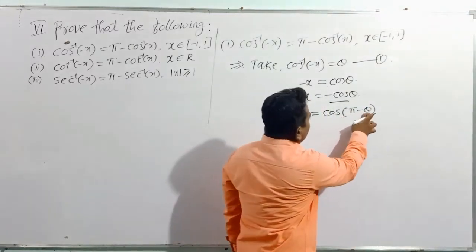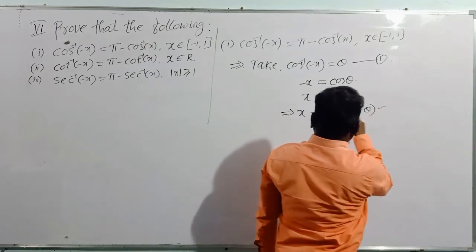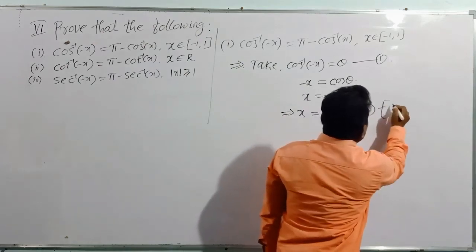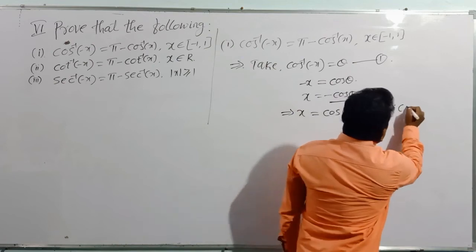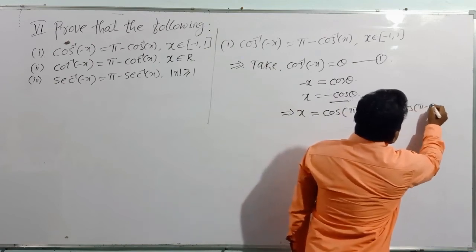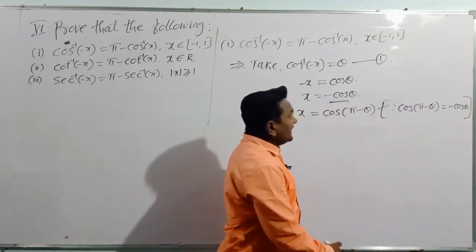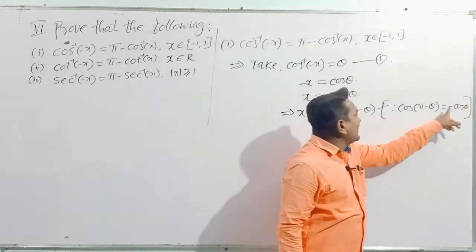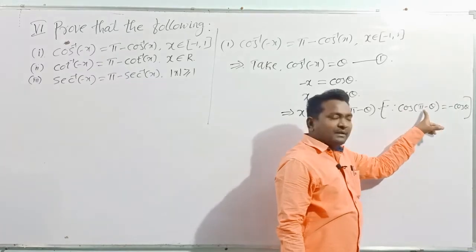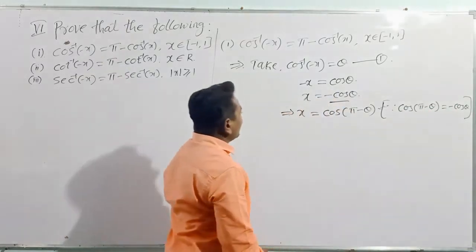In place of minus cos theta, we put cos of (pi minus theta).